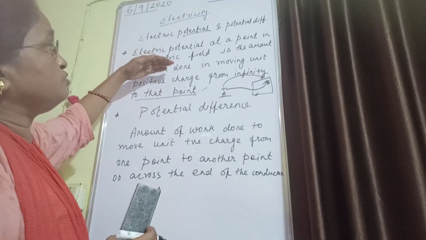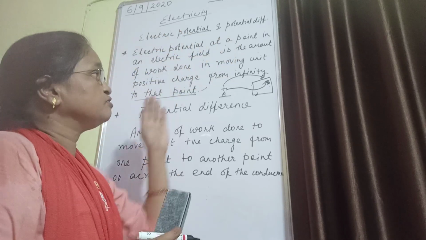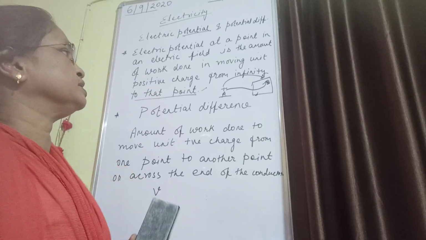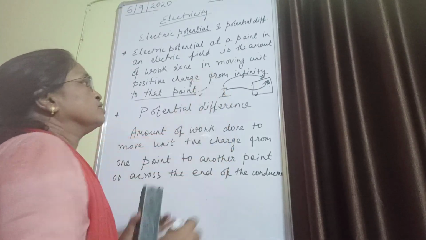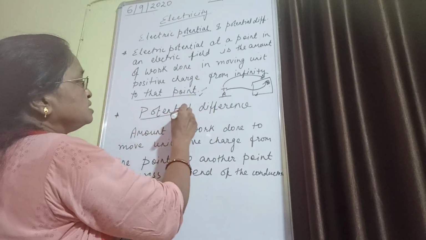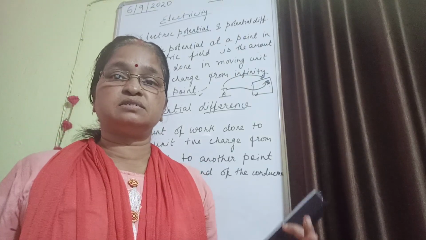So, work done in moving unit positive charge from infinity to a certain fixed point. Related to this, we have one more term, that is potential difference. What is difference?